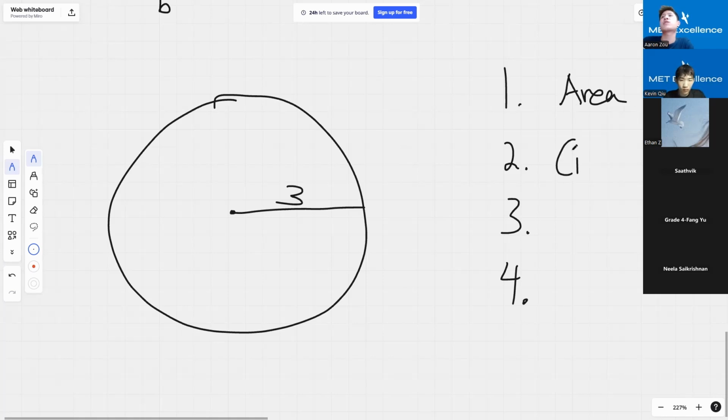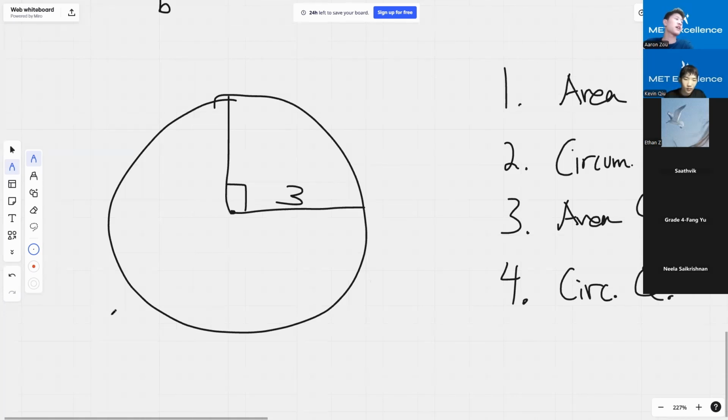The second one, I want the circumference of the circle. And the third one, I'm going to cut this circle like this, into a quarter. I want you to find the area of this quarter circle. And then I also want you to find the circumference of the quarter circle. So go ahead and put your answers in the chat.